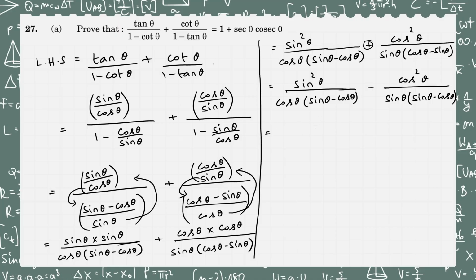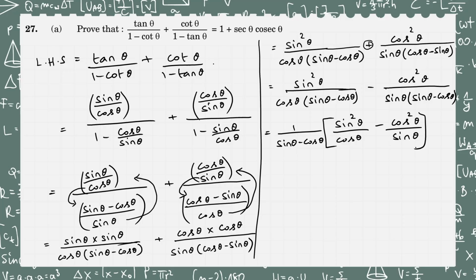Now what we can do is that 1 by sin theta minus cos theta we can take common. So 1 by sin theta minus cos theta is common in both the terms. We can take it out. So we get sin square theta by cos theta minus cos square theta by sin theta in the brackets.